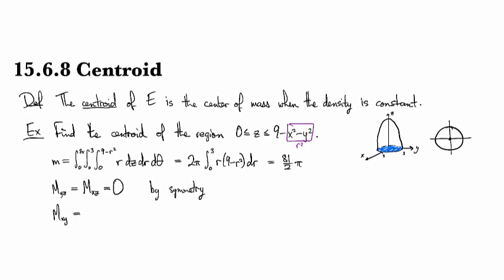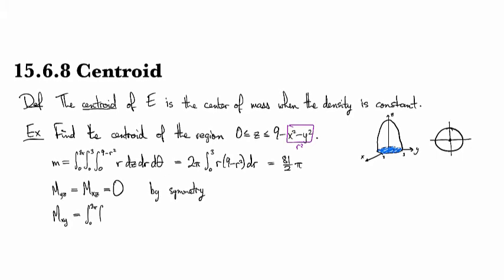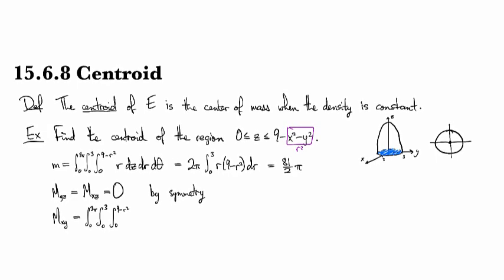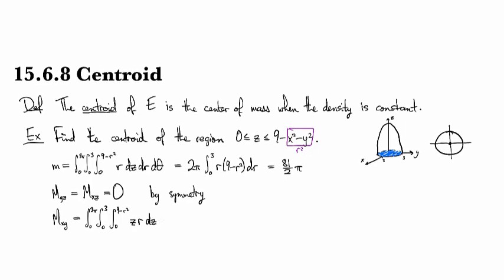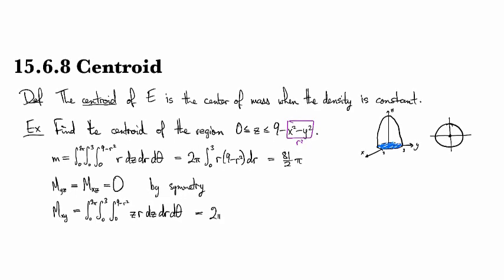Now we look for the z moment. So again, setting it up just like we had for the first one. The only thing is that now, since we're looking for the z moment, we're going to throw a z into the integrand with r dz dr d theta. And then we can work this one out. Once again, we'll be able to pull out the theta integral as a 2 pi.